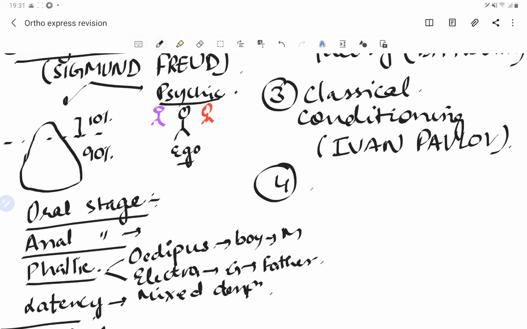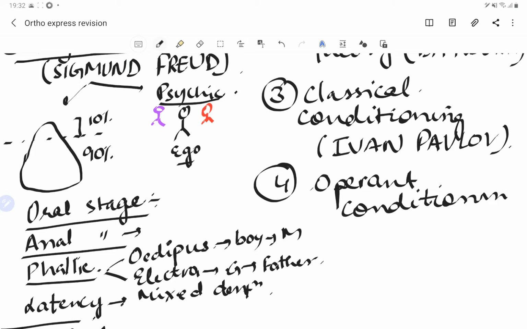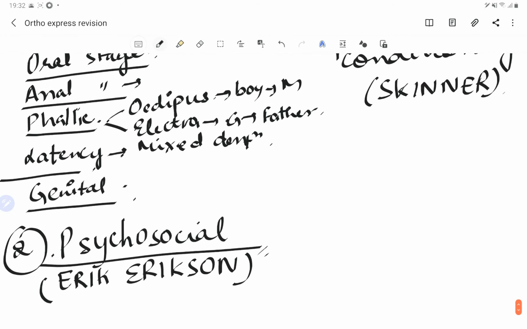The fourth theory in the behavior learning theory is the operant conditioning theory, which is given by B.F. Skinner. In this theory we have 4 things.